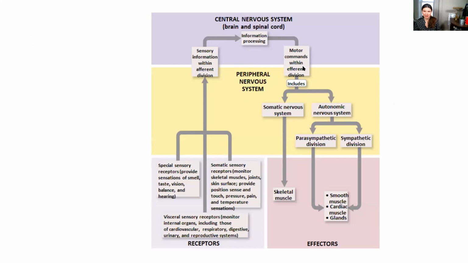So the efferent, going out, motor division of the nervous system. So the motor division is going out, forming the peripheral nervous system, so everything other than the brain and spinal cord. And it splits into this first division, somatic versus autonomic.